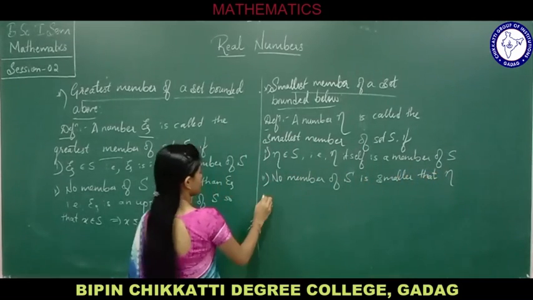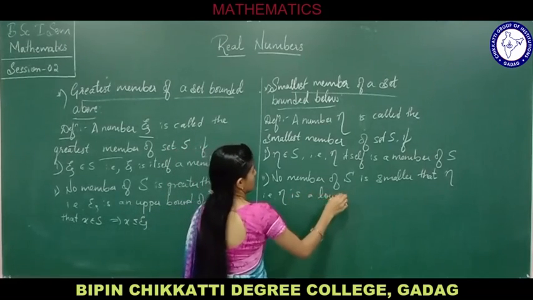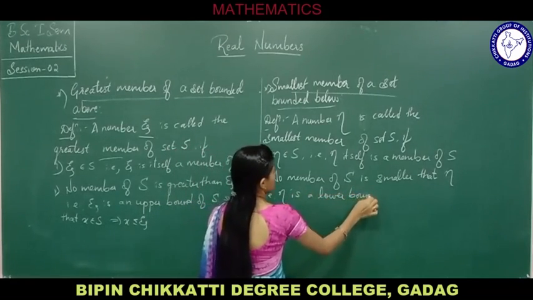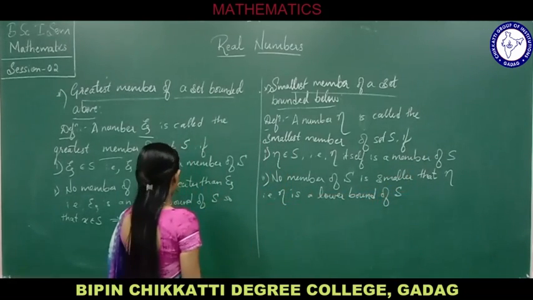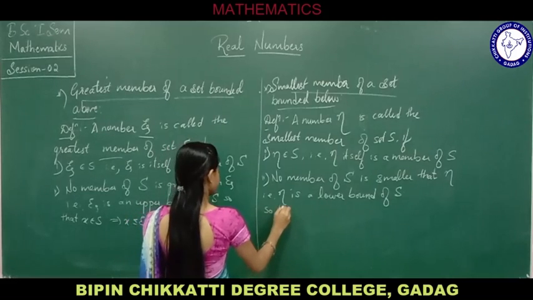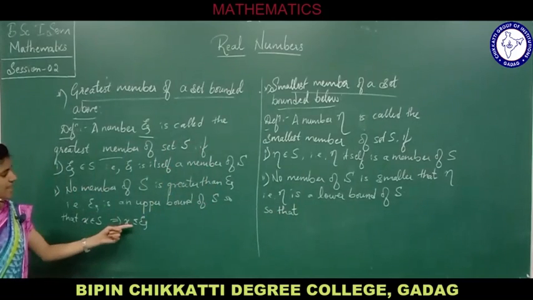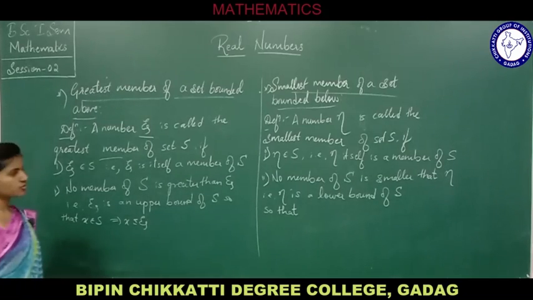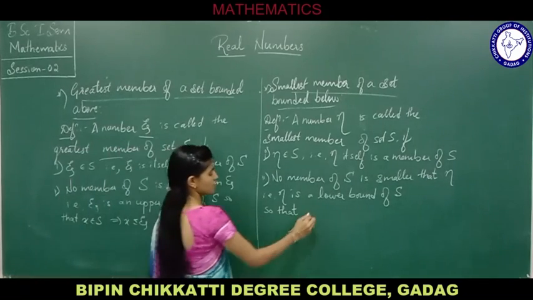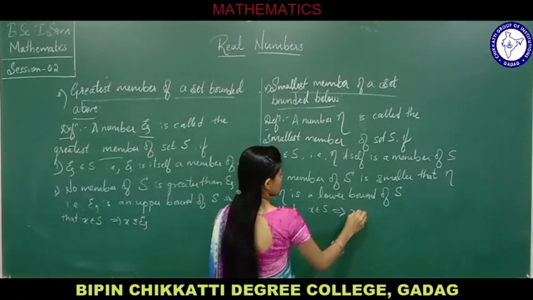That is, eta is a lower bound of this set. What should be the condition for the lower bound? For the upper bound it is x less than or equal to epsilon. For the lower bound it is so that x belongs to S implies x is greater than or equal to eta.